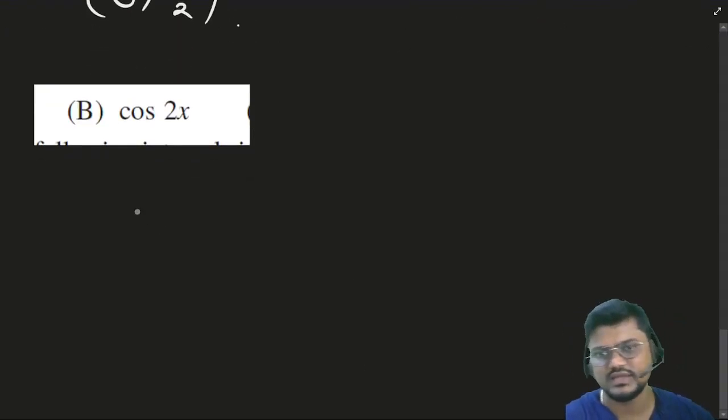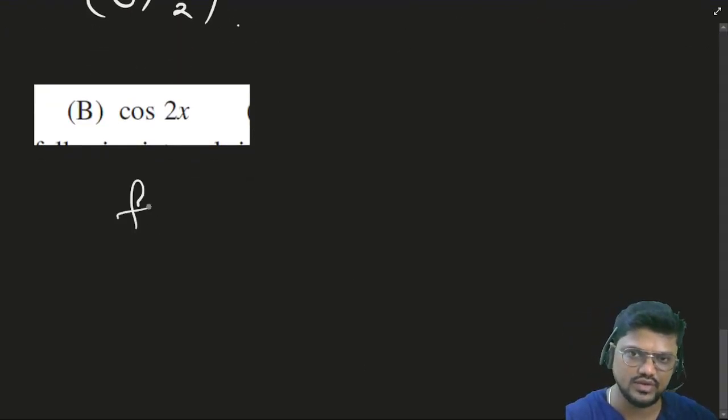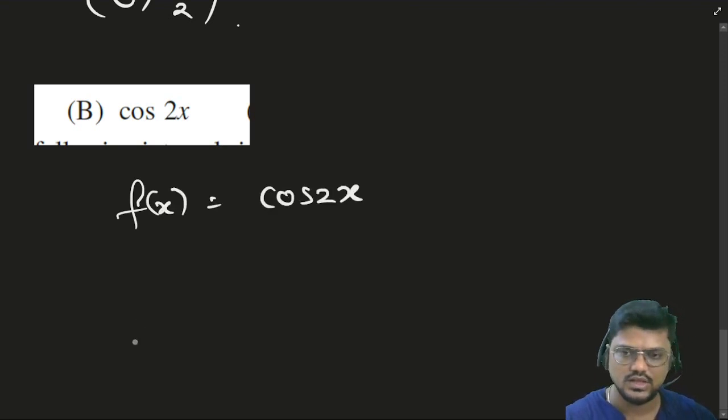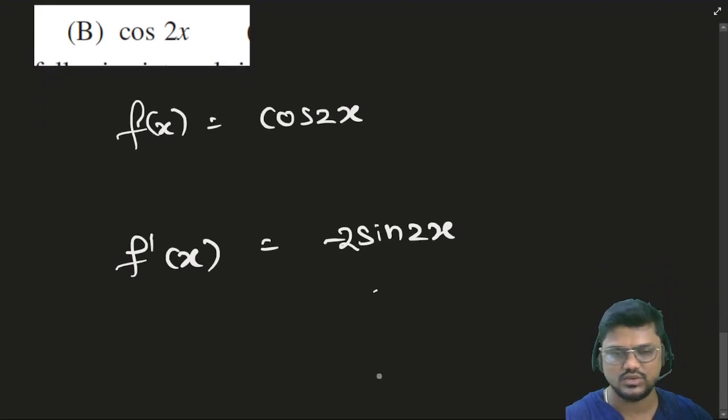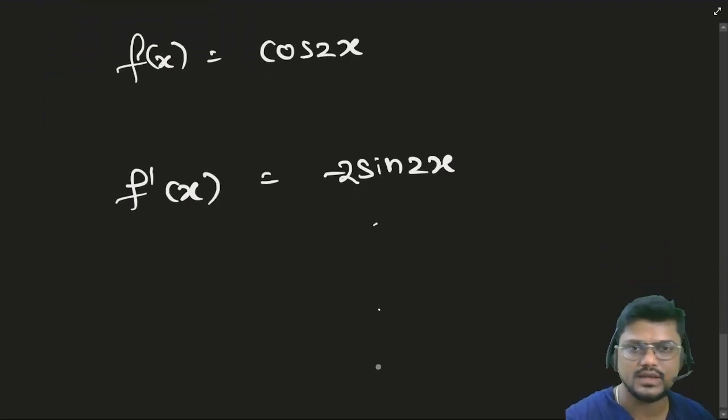Now, when f of x is equal to cos 2x, then f dash of x equals minus sin 2x into 2, that is, minus sin 2x multiplied with 2, for the derivative of 2x, that is 2.